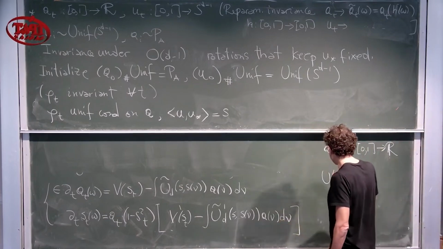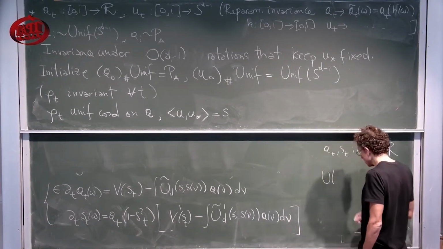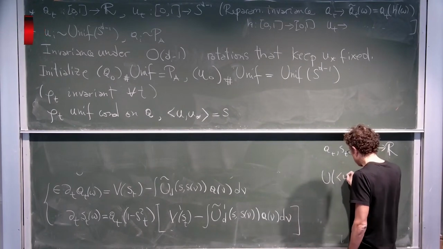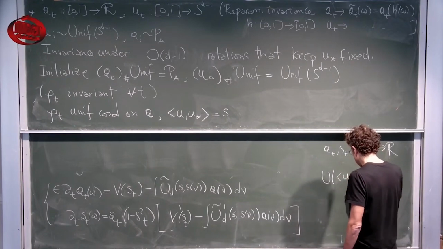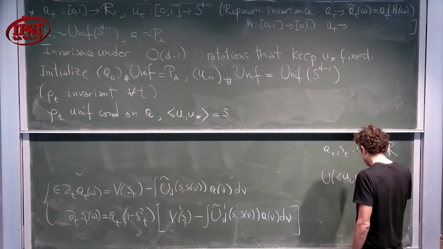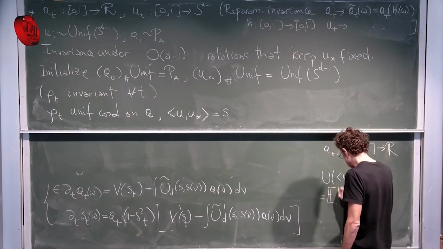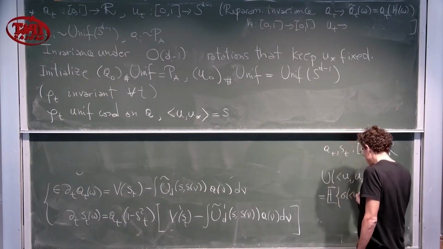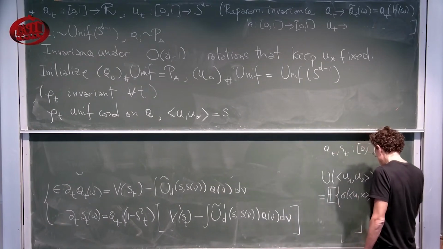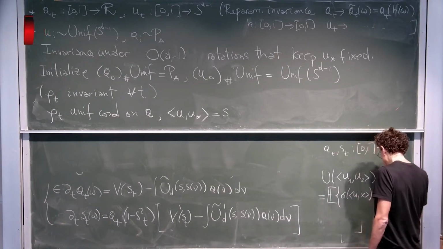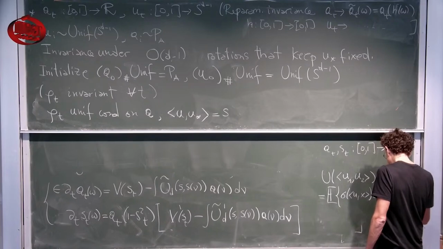Well, remember U. Before, we had an object, a potential that depends on U1, U2. I remind you this is the expectation of sigma U1x, sigma U2x.